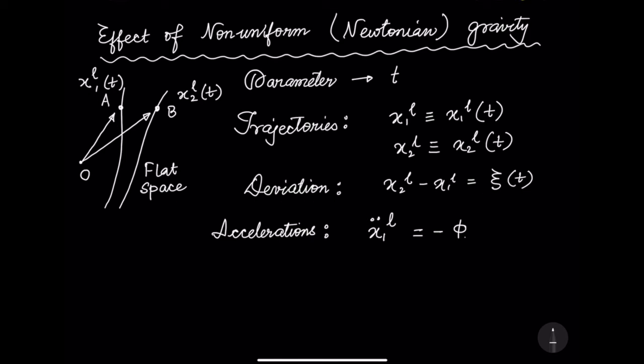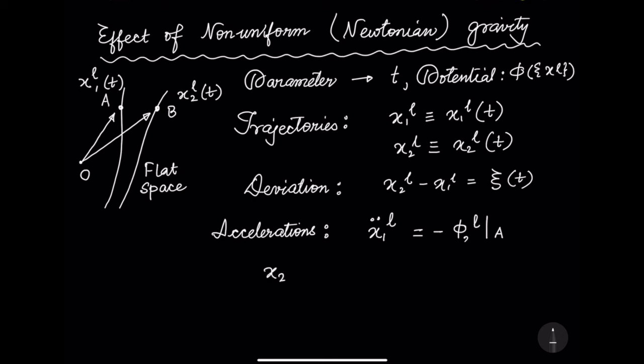This will be given by the derivative of the gravitational potential taken at A. So the potential, it's phi, a function of all x. So you take the derivative at A and take a negative gradient, that is the definition by Newtonian gravity, that is the acceleration.